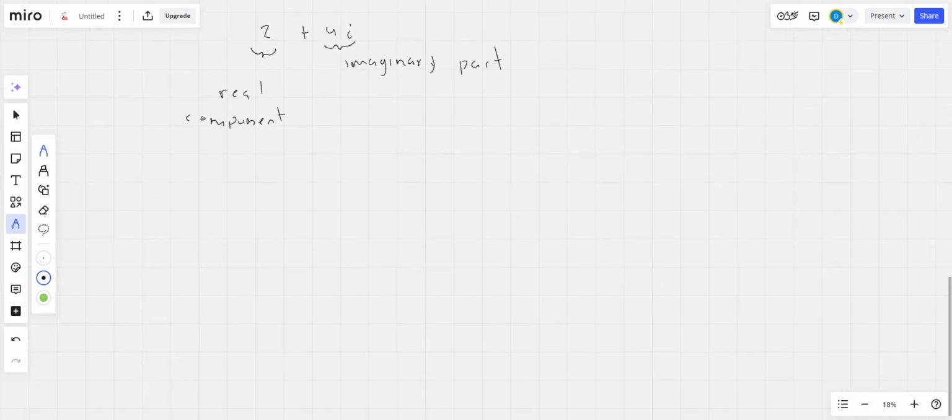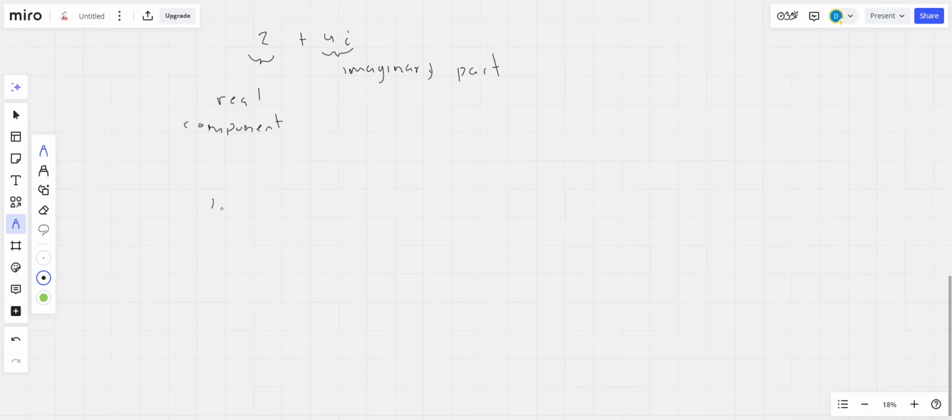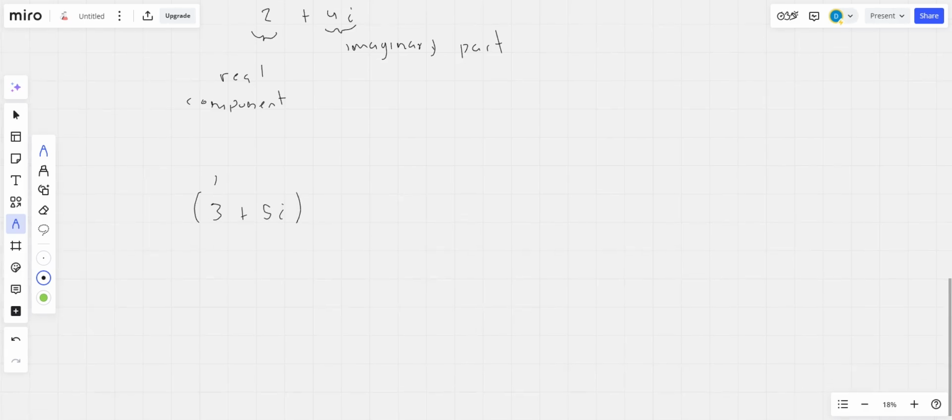You can also multiply a complex number by another complex number. For example, let's multiply 3 plus 5i times 2 plus 4i.